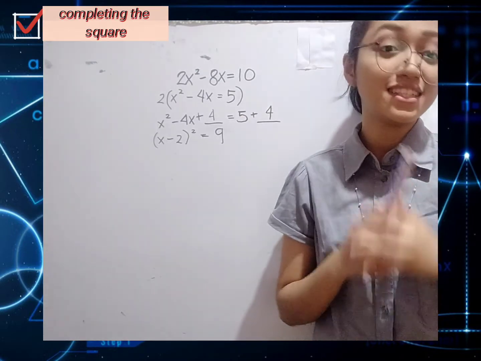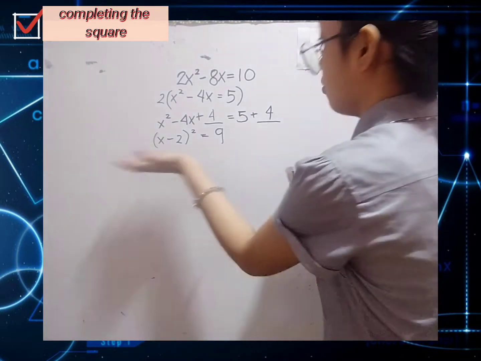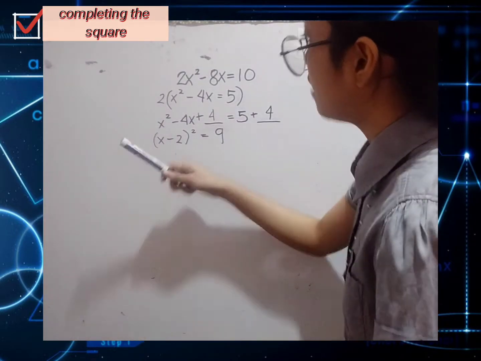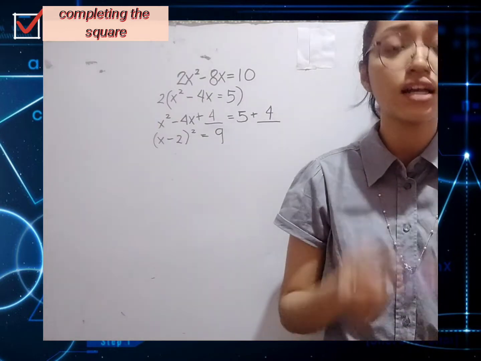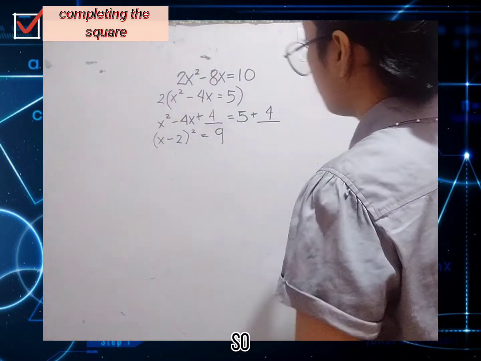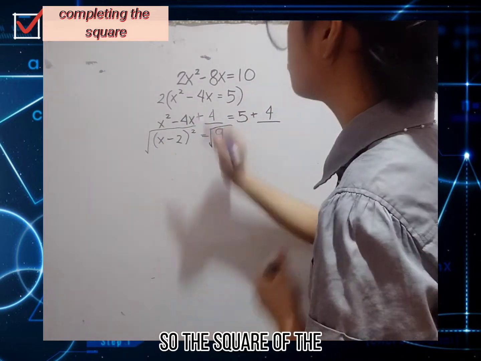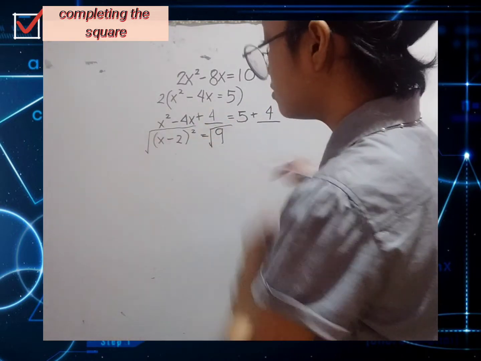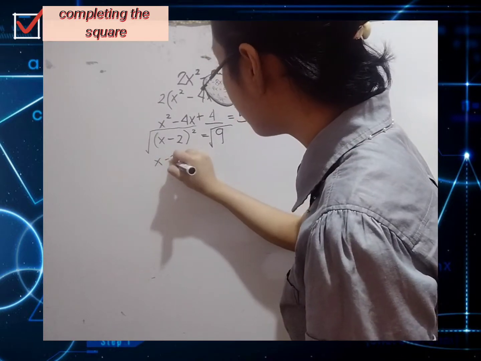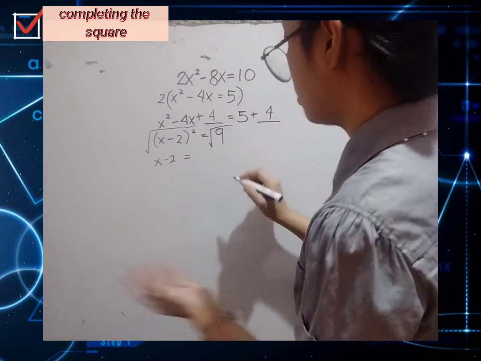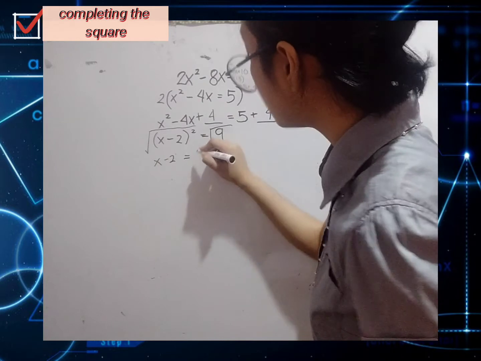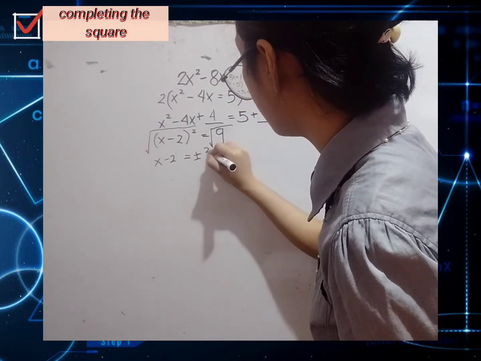So we see that it is now converted into a square of a binomial. Now let's remove the squares and use the extracting square root method. So the square root of x minus 2 squared is x minus 2, equals the square root of 9, which is positive or negative 3.